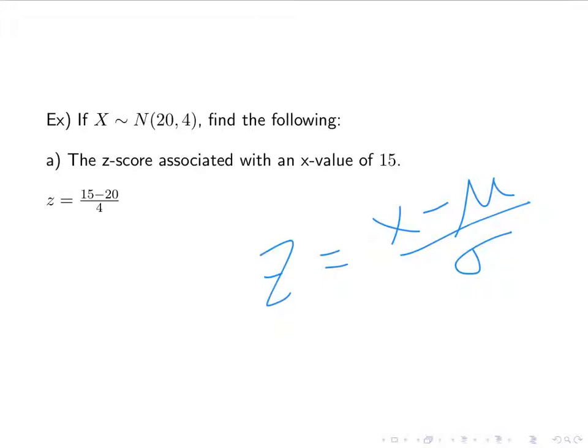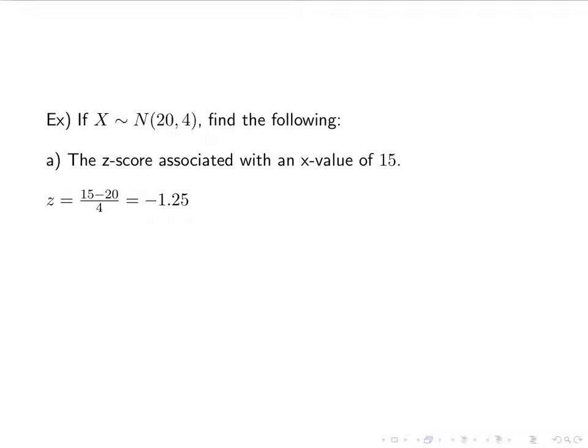And if I do that, I get negative 1.25. So again, the fact that it's negative is telling me that my x value is below the mean, and 15 is below 20. And then the 1.25 is how many standard deviations, or how many 4s, away from 20 15 is. And if you remember that rule of thumb, the usual values are within plus or minus 2 sigma. We see that 15 is not an unusual value because it's only within 1.25 standard deviations of the mean.